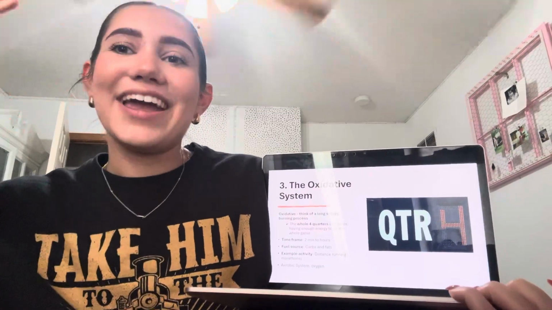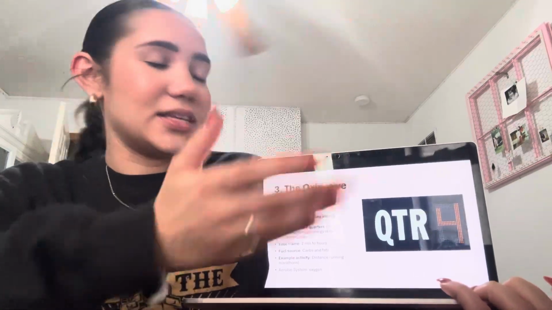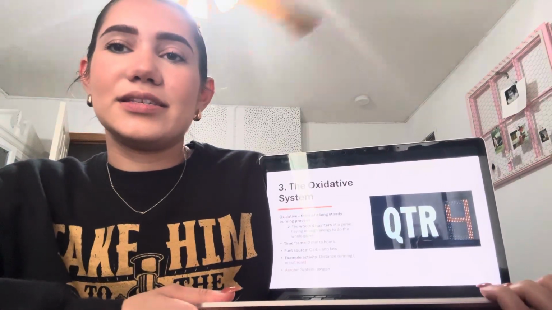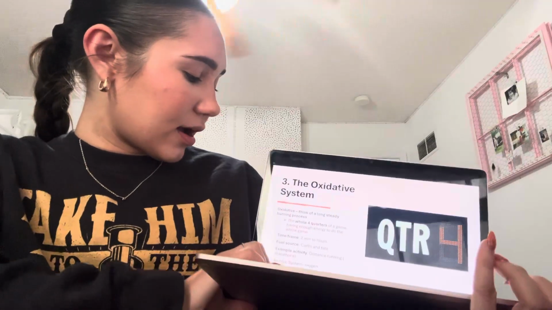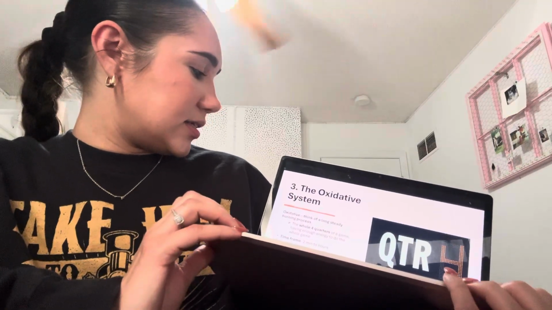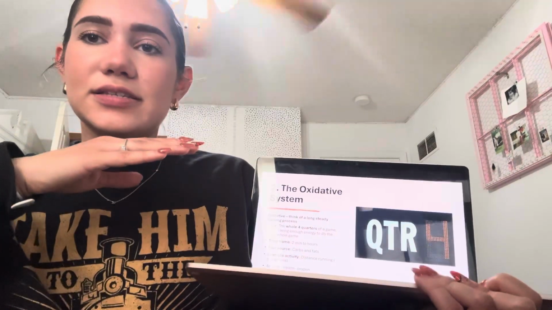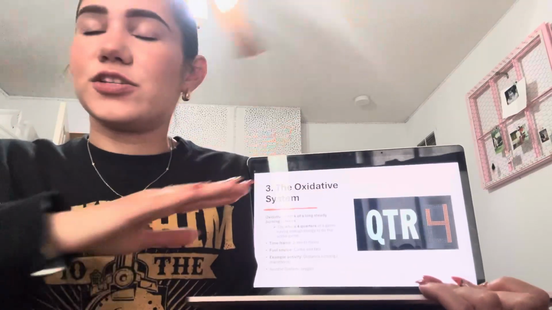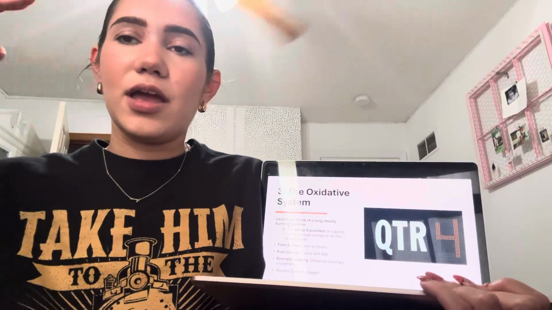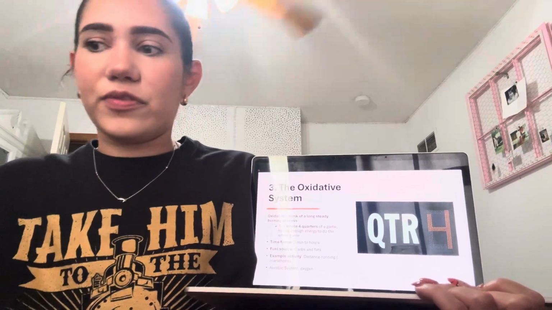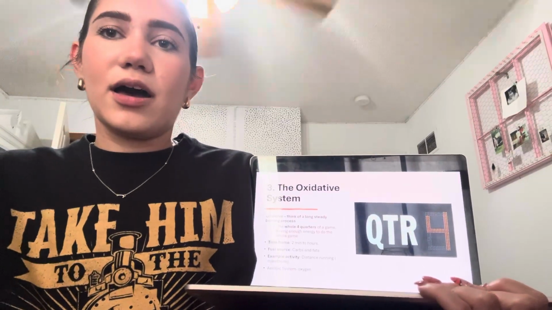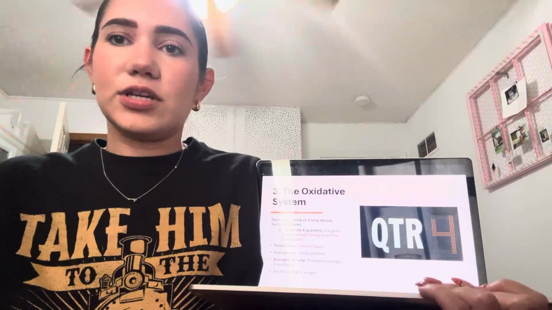This one, obviously, hence the name oxidative, uses oxygen. So it's the aerobic system, and this is the long, steady one. So I have fourth quarter here. This is like during a game, the energy that you will be using to withstand that whole time of playing, or just using your energy.